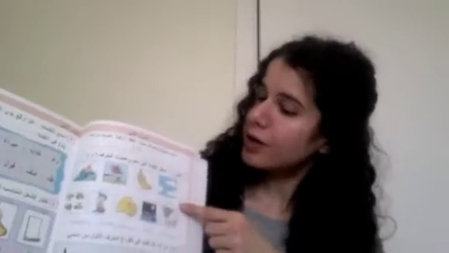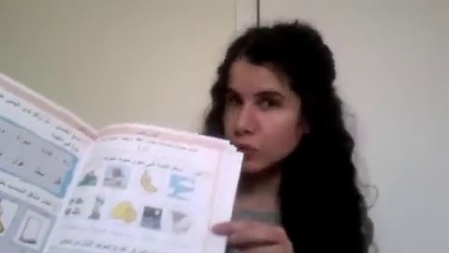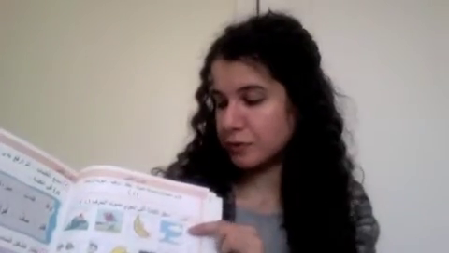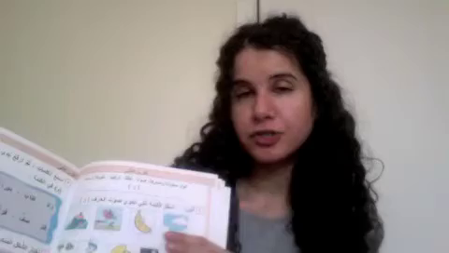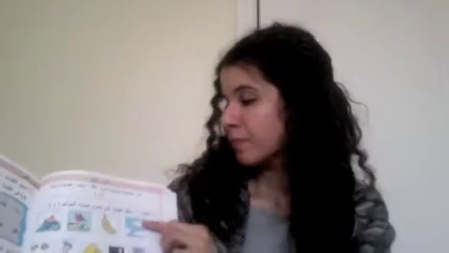I'm going to read each one, and you're going to clap if you hear an ooh sound. All right? Starting with the clouds. Oh, they need you to shade in the circle underneath the picture if you hear an ooh sound.